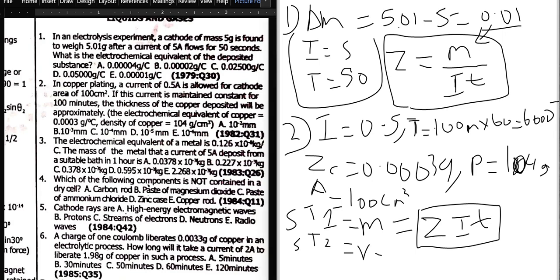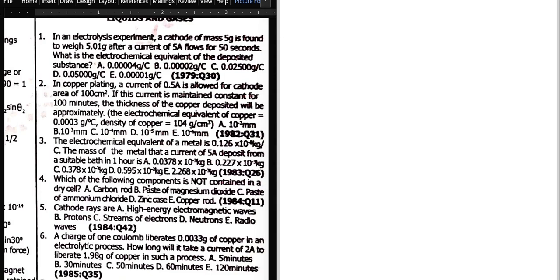The volume of copper will be equal to mass over density. That's the mass you got here over your density. Don't forget. So if you've gotten mass over density, you've gotten your V.